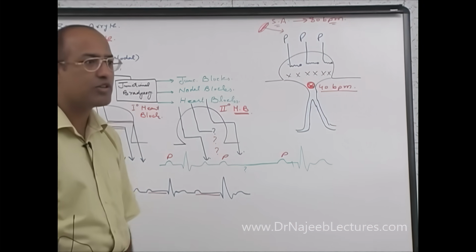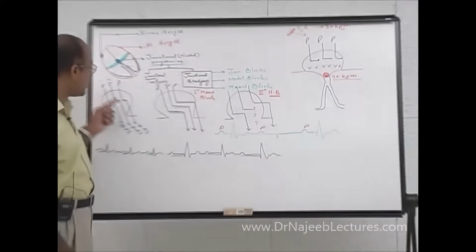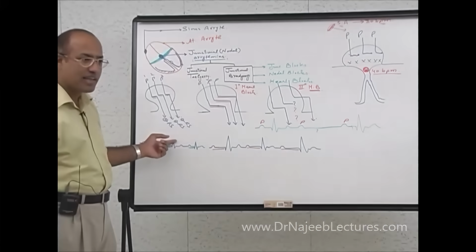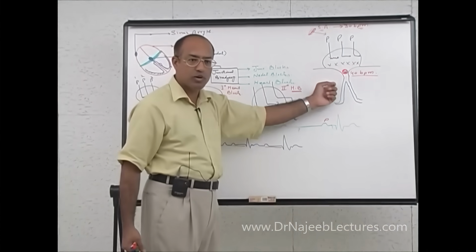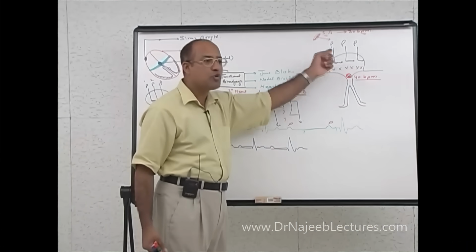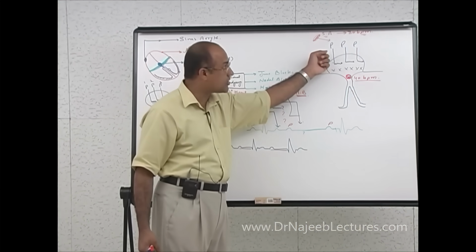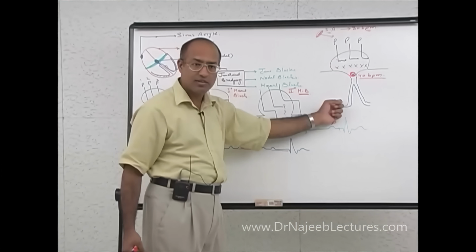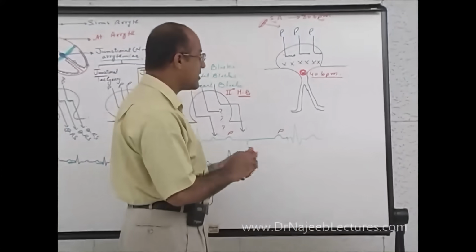Atrial and ventricular activity is no more synchronized. Usually every atrial current should be followed by ventricular activity. Here the atria are pacing independent of the ventricular pacing system, and no cardiac impulse from the atrium can go to the ventricular system. We say there is a complete block or third degree block.